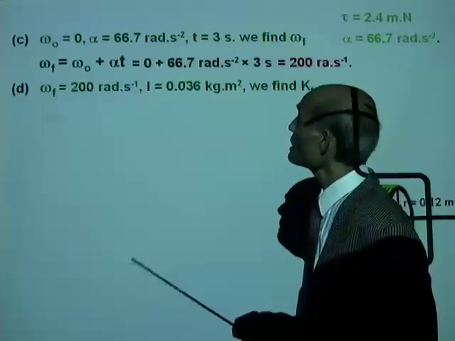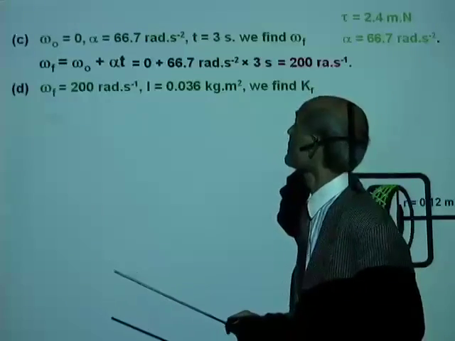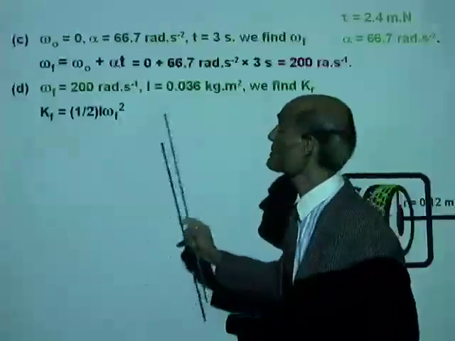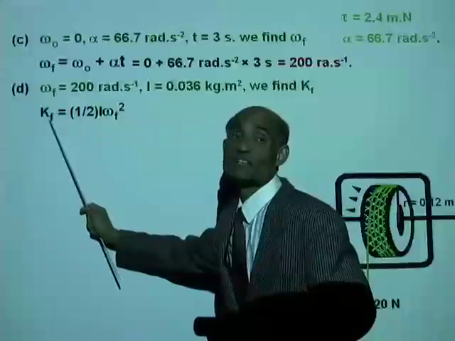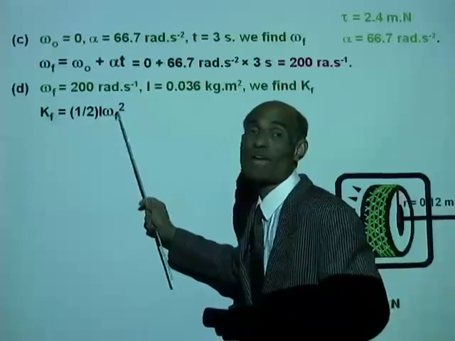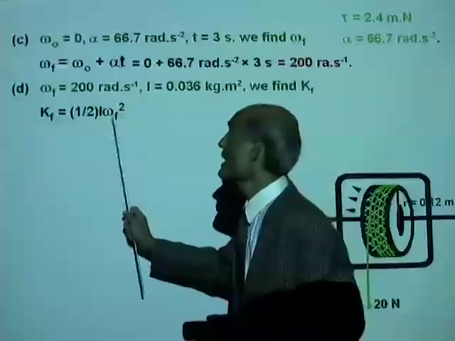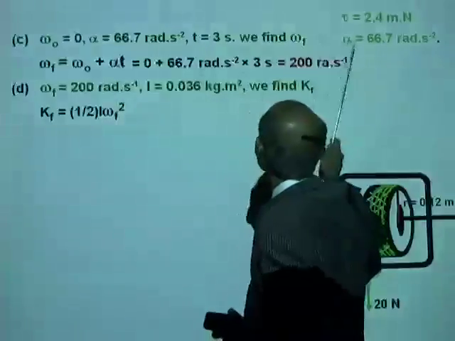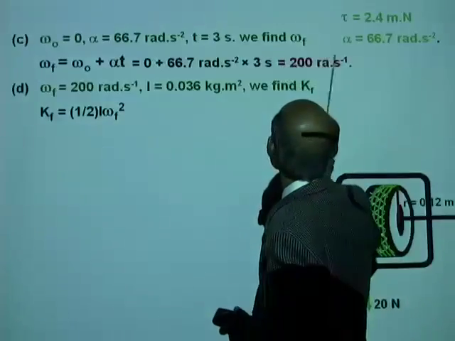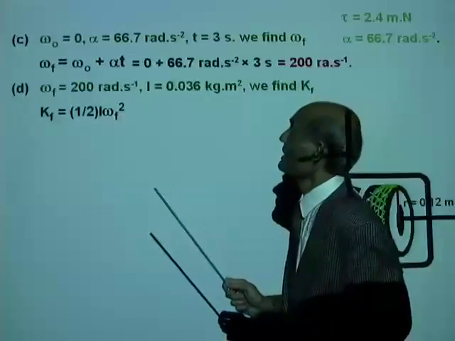Alright, now what is D? We need to find the kinetic energy. What is the kinetic energy? Kinetic energy of rotation is 1/2 I omega f squared. Well, we know I, we just calculated I earlier. We know omega f, we just calculated.